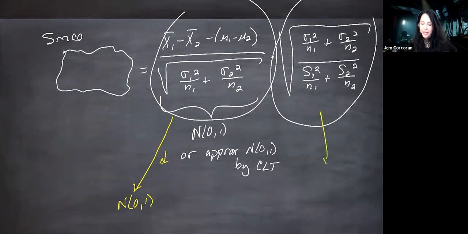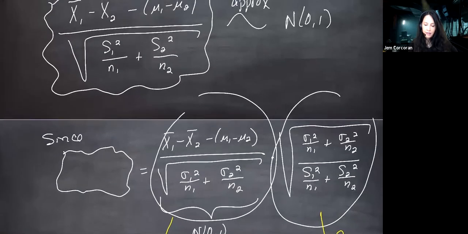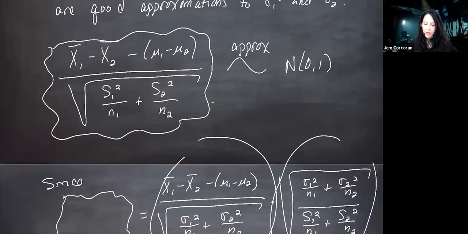And I claim that this is going in probability to 1. And so it's a Slutsky's theorem result to say that this thing in the squiggly box back up here is converging in distribution to a normal 0, 1 times 1, or a normal 0, 1 by Slutsky's theorem.